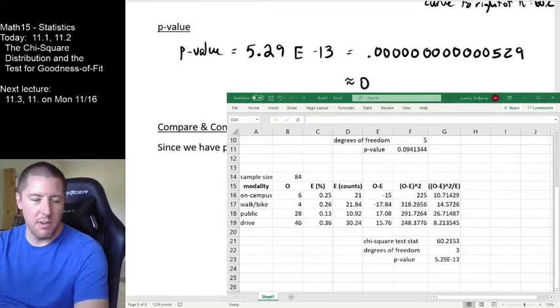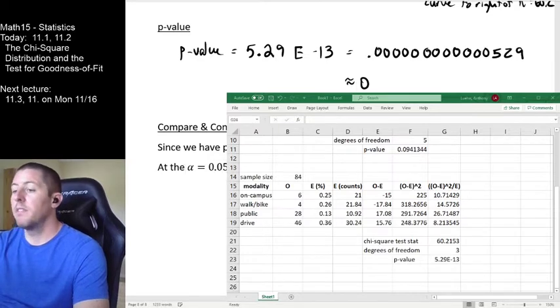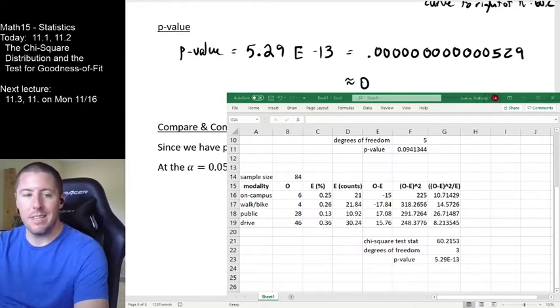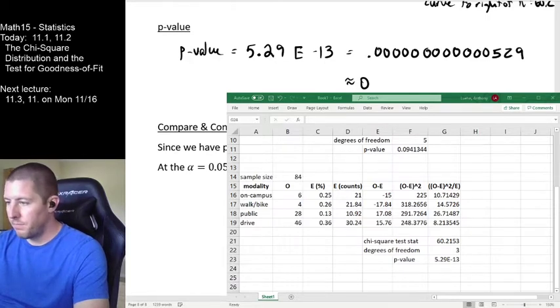That's my short statement. My real conclusion statement is at the alpha equals 0.05 level of significance, our data are significant. They did show a statistically significant difference from what we expected.